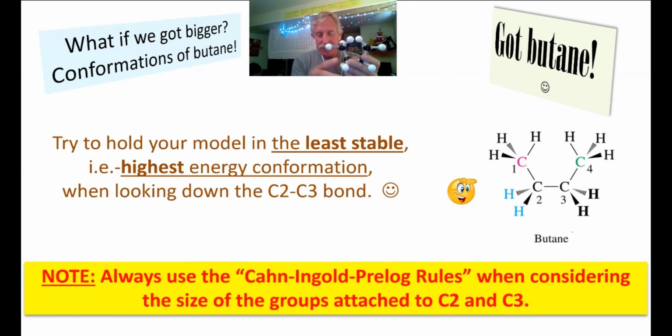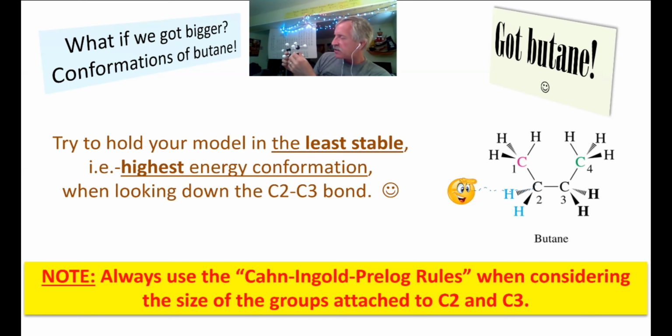And now, please take this smiley face guy and look down the carbon 2-3 bond is what this question is asking. And try to hold your model in the least stable conformation you think can happen when we rotate it all around. When you're looking down that 2-3 bond, which conformation did you come up with?